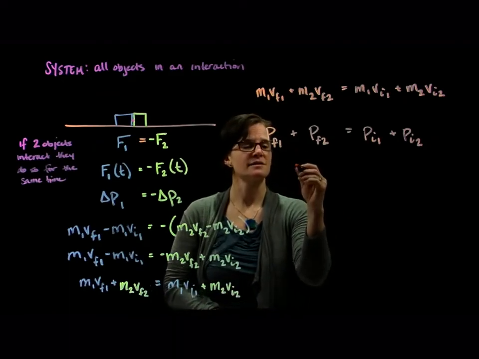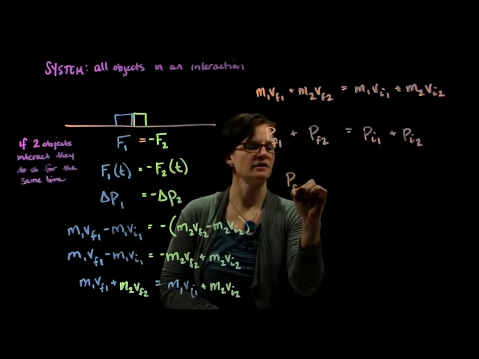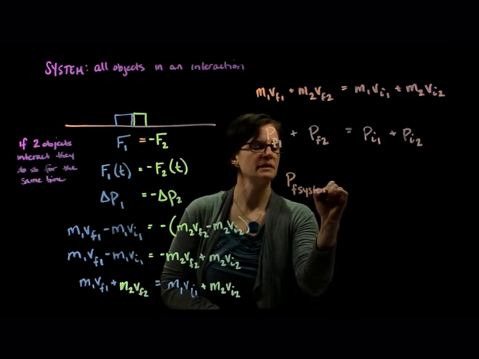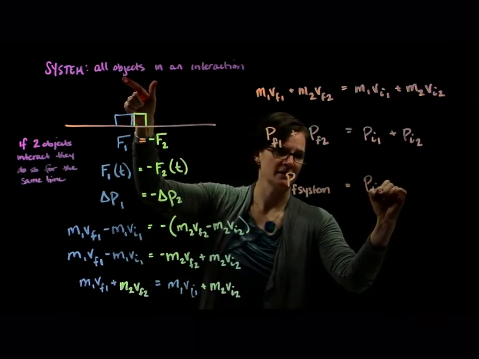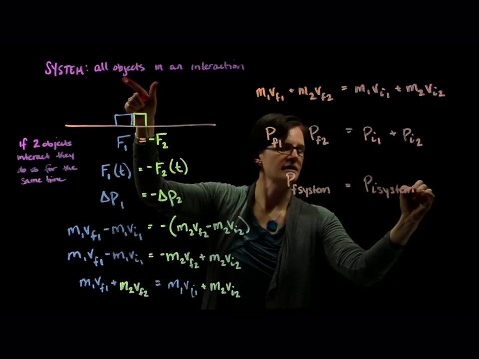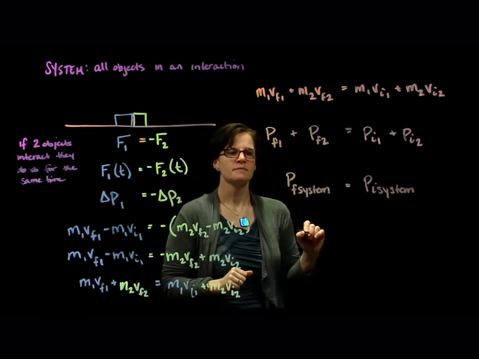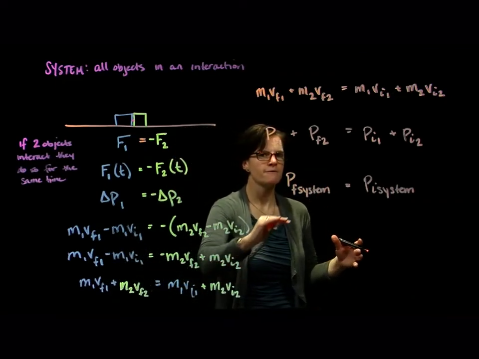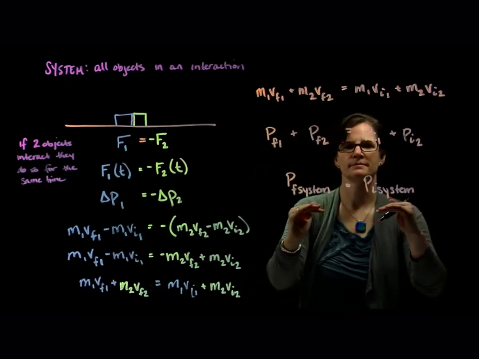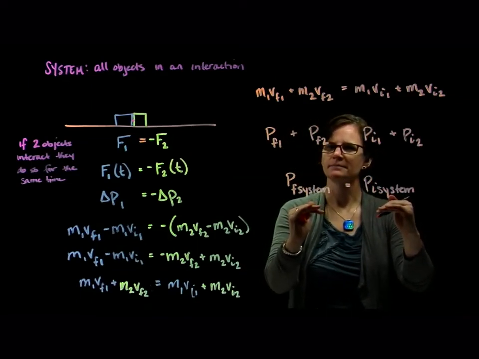So this is the momentum final of the system, and this is the initial momentum of the system. That tells us that for the system, the final momentum and the initial momentum are the same.